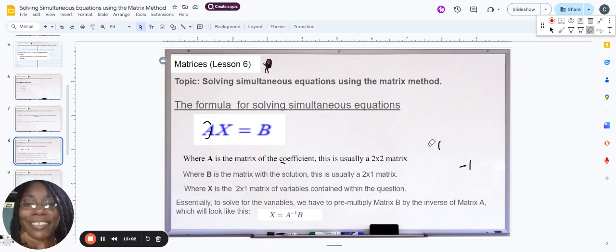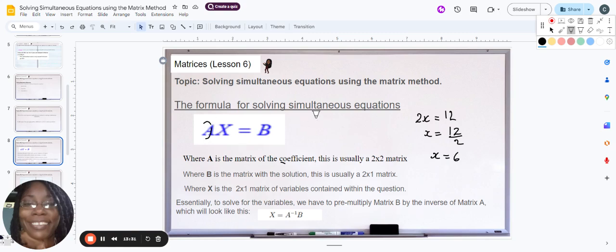If you are given a linear equation, like 2x, let me get my pen. Let's say I gave you 2x is equal to 12, all right? And you want to find x. Your move would have been x is equal to, and because the 2 was multiplied by the x, you will have divided by this 2 over here, which will give us 6.